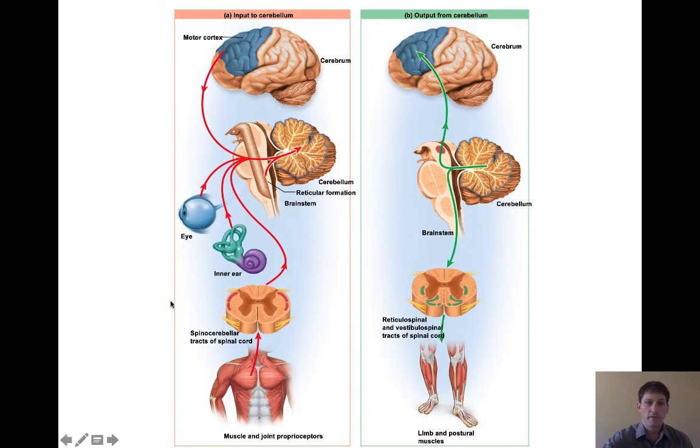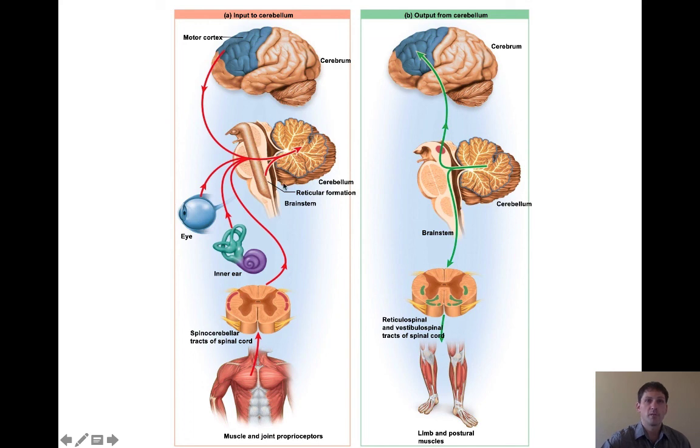So we can look at this over here. We can see we've got these muscle and joint proprioceptors. We're getting information in about our position in the world. We have information coming in from our inner ear. We have information coming in from our eye, and that information is leading into our cerebellum. We also have information coming in from our motor cortex.